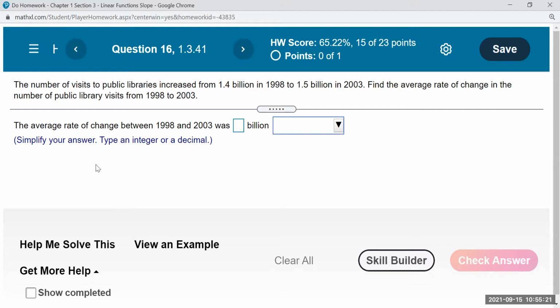Word problems. The number of visits to public libraries increased from 1.4 billion in 1998 to 1.5 billion in 2003. Find the average rate of change in the number of public library visits from 1998 to 2003.